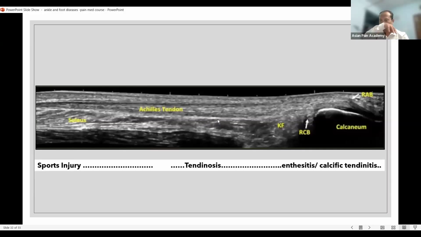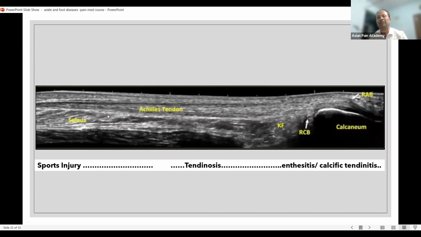Now, as I told you, there are three areas we have to see. One is the insertion, so enthesitis and calcific tendinitis, insertional tendinopathy or insertional tendinitis, can occur at the insertion. The most common is degenerative tendinosis, 2 to 6 centimeter proximal from the insertion. And then comes acute sports injury at the myotendinous junction.